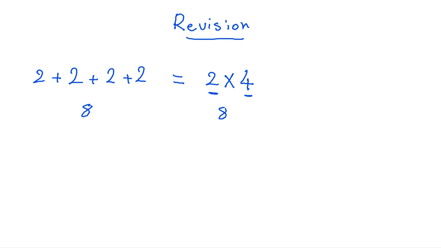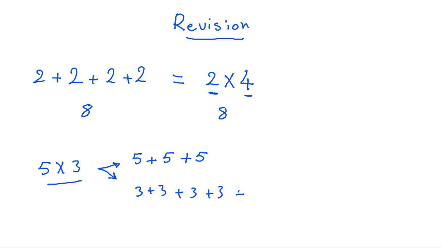And in the case of something like 5 multiplied by 3, we can use this as addition in two ways. We can write 5 plus 5 plus 5, so repeat the 5 3 times, or we can write 3 plus 3 plus 3 plus 3 plus 3.